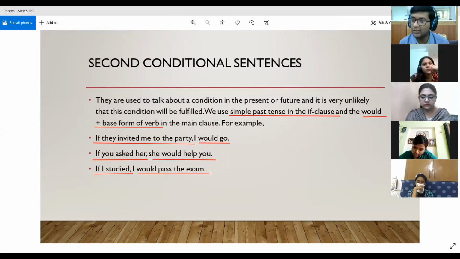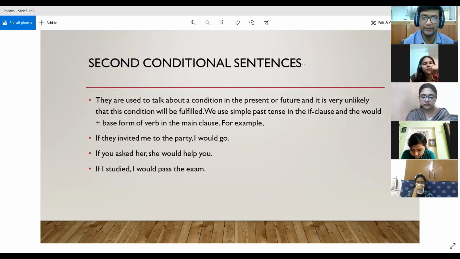Then the second type is the first conditional sentence, where we talk about situations where the condition may likely happen, so we use the simple present tense in the if clause and simple future tense in the main clause. And the third type we have studied just now is the second conditional. In this case, the condition is very unlikely to be fulfilled, and that is why we have used the past tense with it, and would plus the base form of the verb in the main clause. Now we will go to the fourth form of conditional sentence.